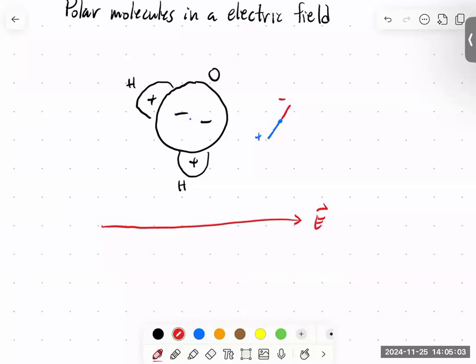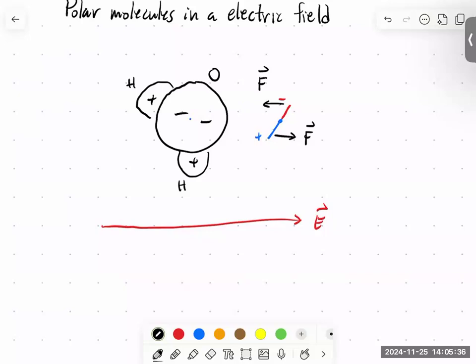If it's inside this electric field, the positive end is going to feel a force in the direction of the electric field. So this is some force. And then the negative is going to feel a force in the opposite direction. And then there's going to be a torque on this polar molecule. That torque is going to tend to align the positive end in the direction of the electric field and the negative end in the opposite direction.